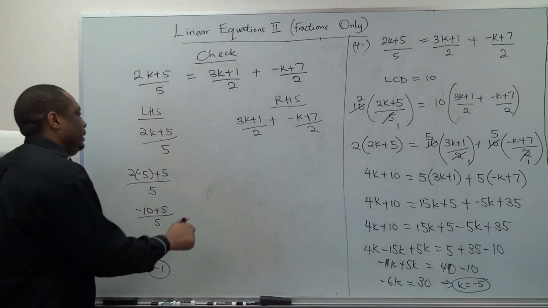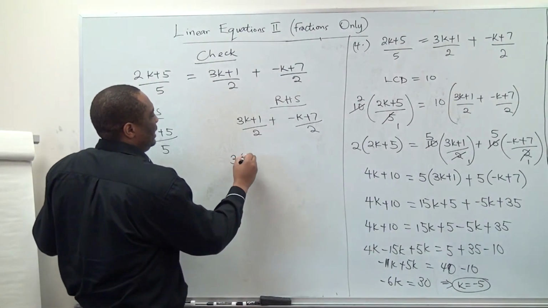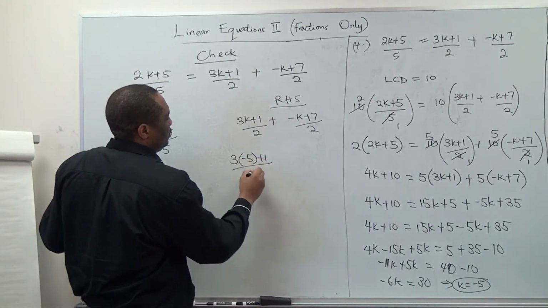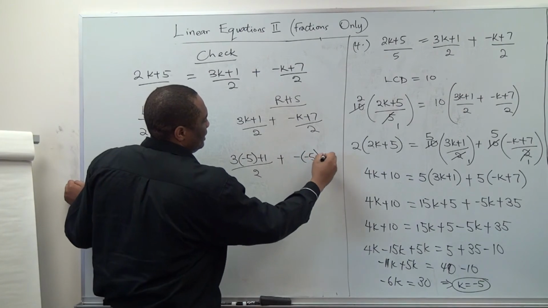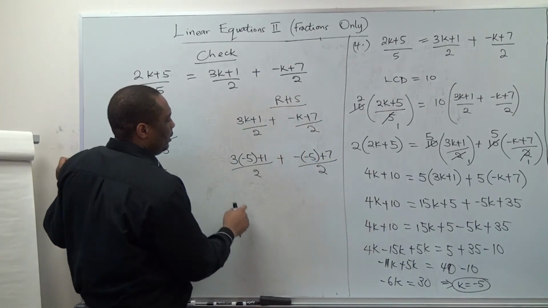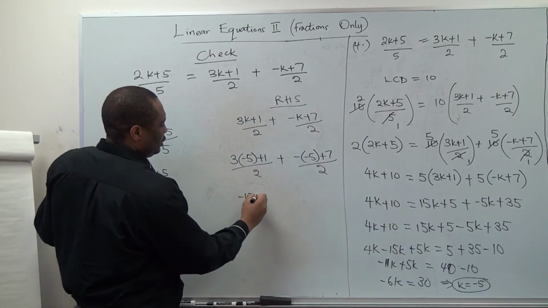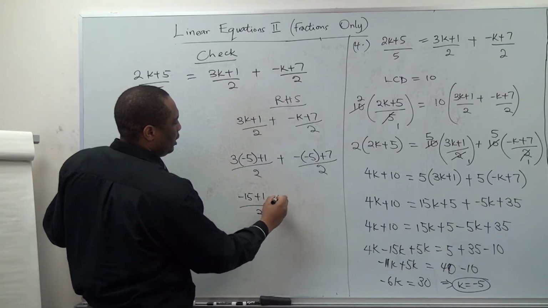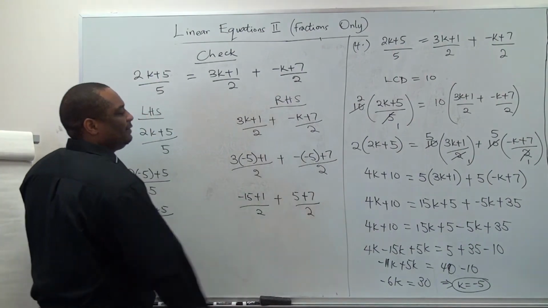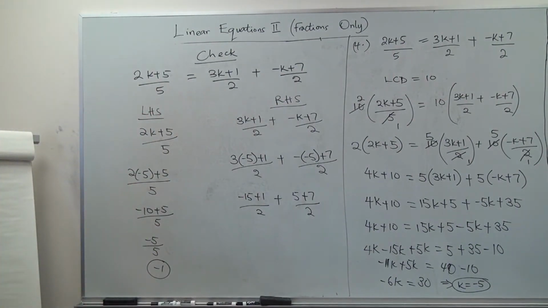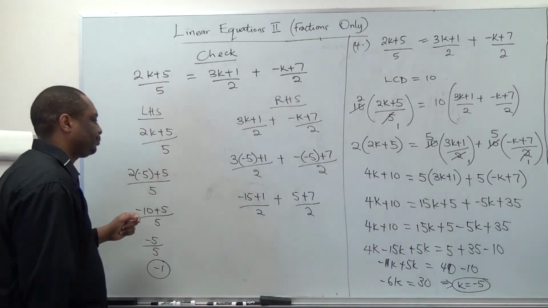Let's do the right hand side. 3 times negative 5 plus 1 over 2 plus negative 5 plus 7 over 2. That gives us negative 15 plus 1 over 2 plus 5 plus 7 over 2. Negative times negative is positive. Two signs together make it one sign.